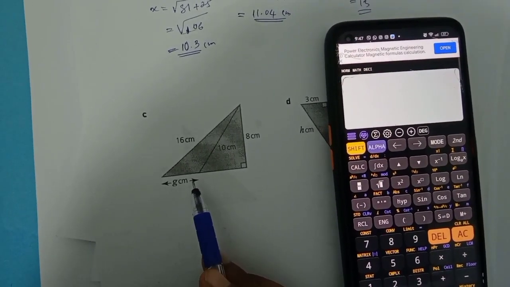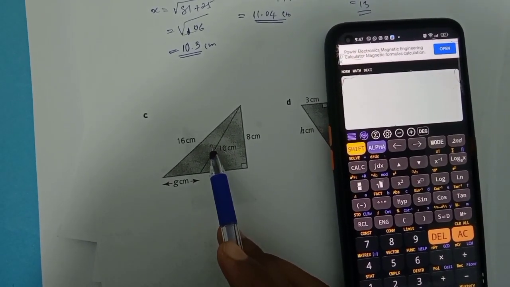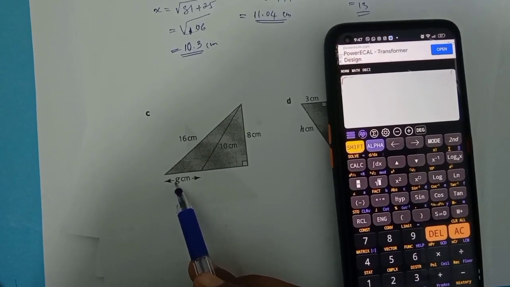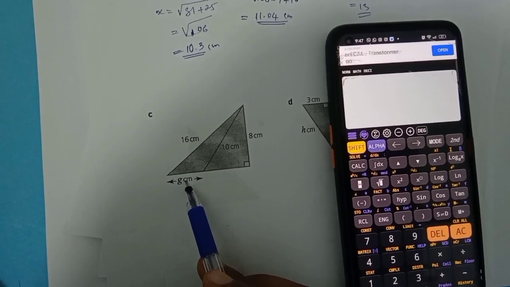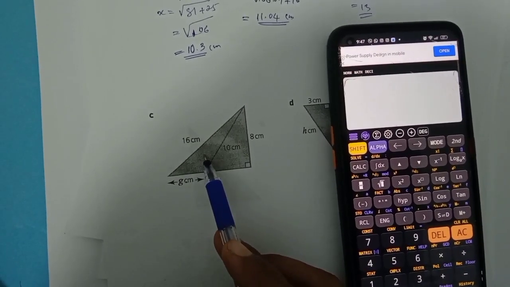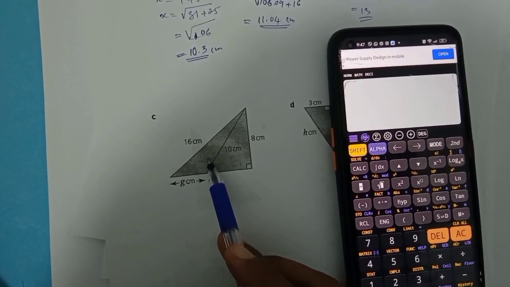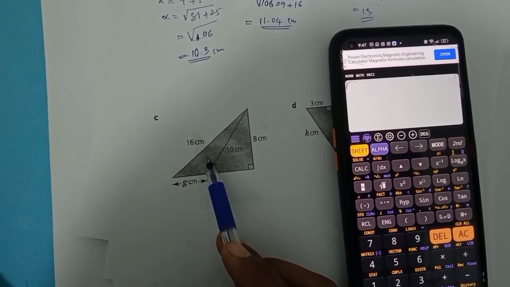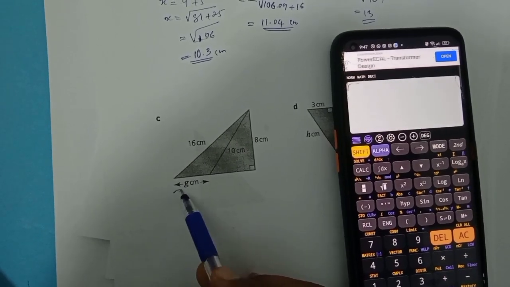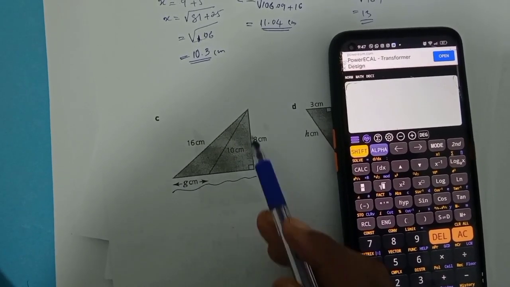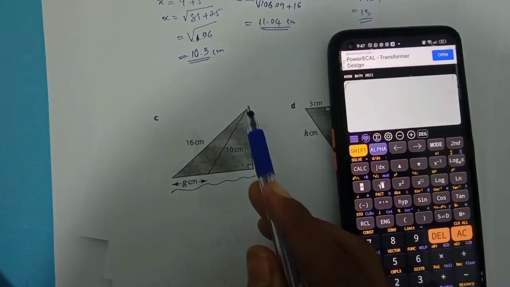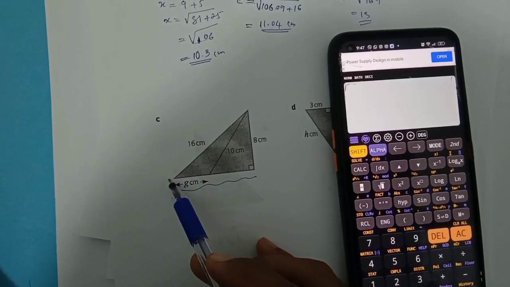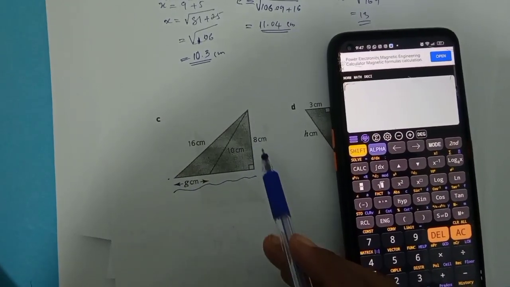Okay, look at the next problem. Here you have to find out the length of G, okay, in centimeter. How can we find out this g? When we take this small triangle, it's not possible because it's not a right triangle. So first we can find out the complete side by using the large right triangle, and this is the hypotenuse of this large right triangle, and this is one of the sides.